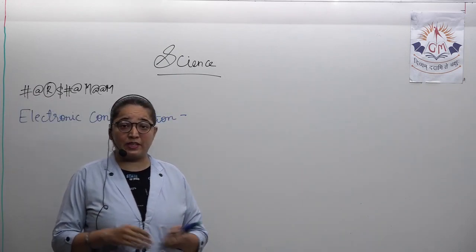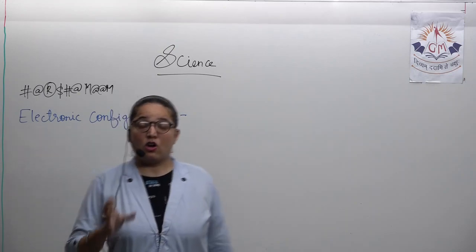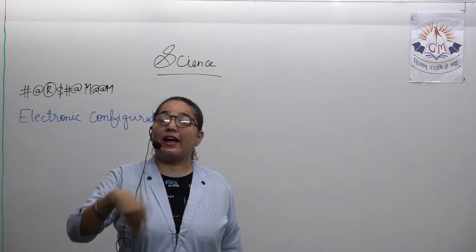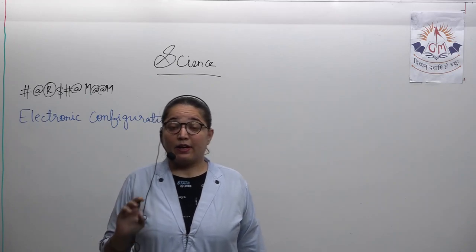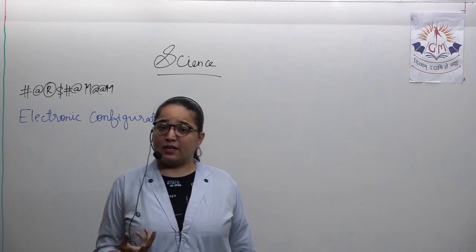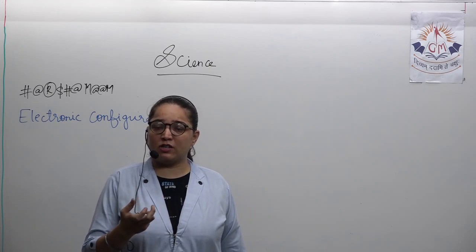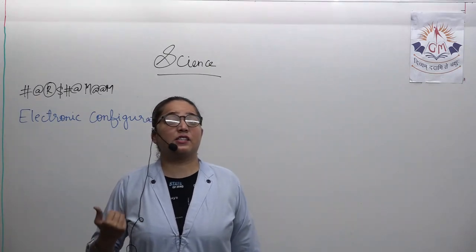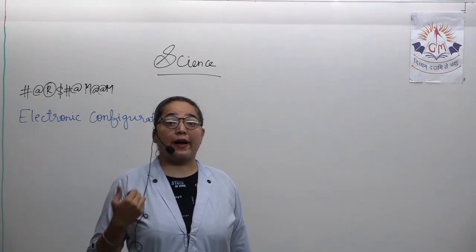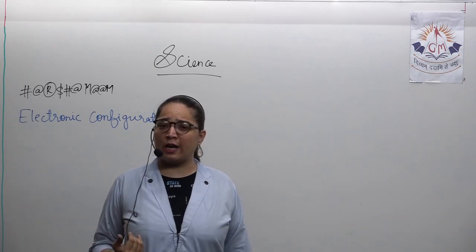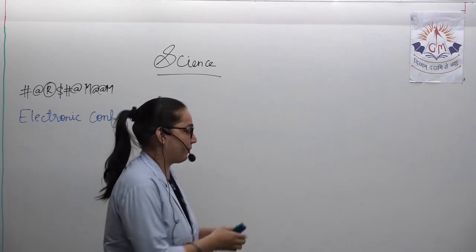Electronic configuration means the arrangement of the electrons in the orbits around the nucleus. The arrangement of the electrons around the nucleus in a specific pattern as per Bohr's model, that is called its electronic configuration.